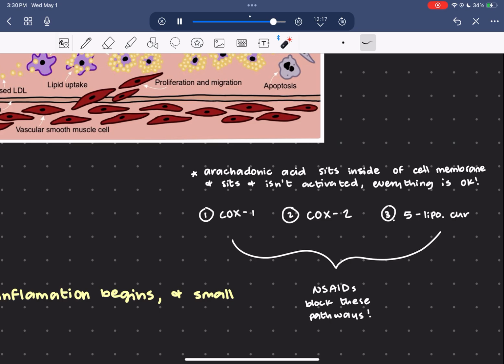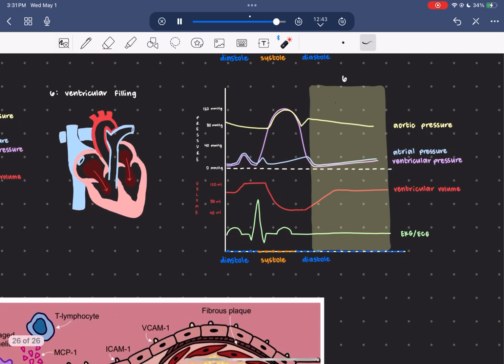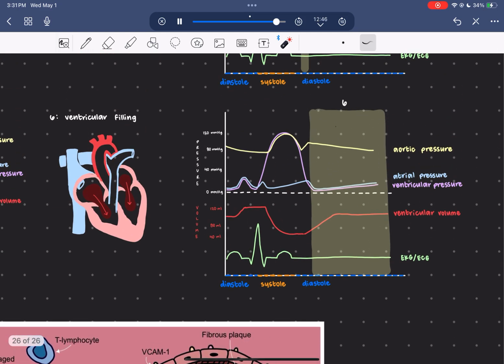So anything like a statin or calcium channel blockers or even beta blockers, anything that would cause the heart rate to be slowed down would allow for blood pressure to decrease, because we don't want an increase in blood pressure with atherosclerosis. If we do have an increase in blood pressure, we're going to be putting more pressure on the arterial walls, and that is not good when we already have an inflammatory process occurring.